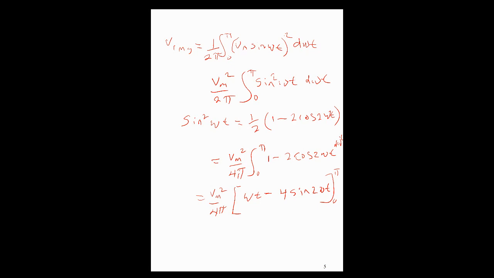It's clear that you'll get 0 on one side and you'll get pi. We left out something at the top, right? The square root. Take the square root of all of this.